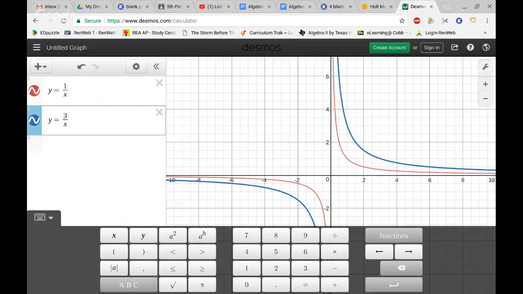So for the homework so far, does it have to be very accurate? No. Okay, good. No, I'm fine. If you just get a couple of points, like draw that y equals 1 over x, and then get a couple of points to help you get that second curve. And obviously that second curve is going to be just some distance away.